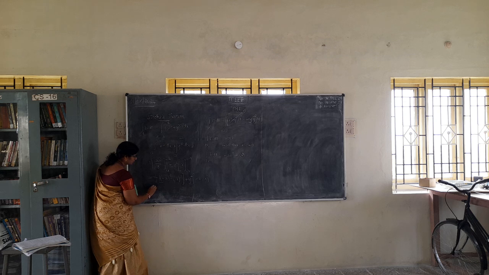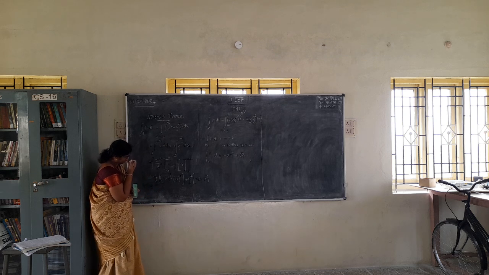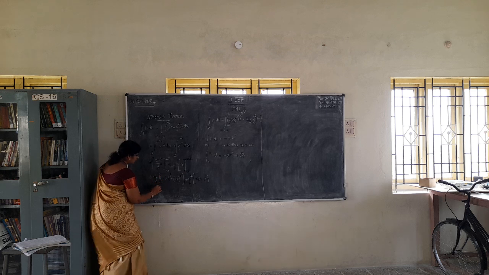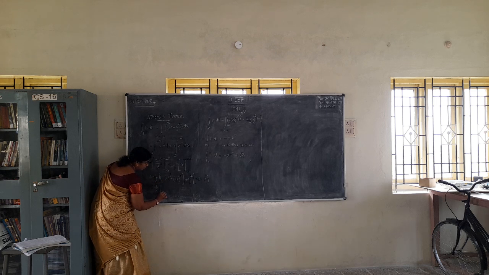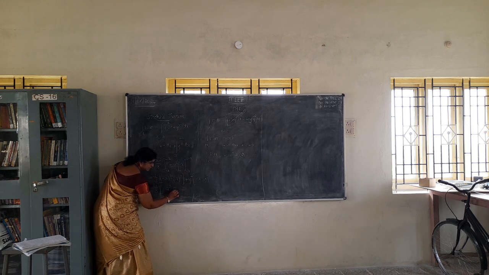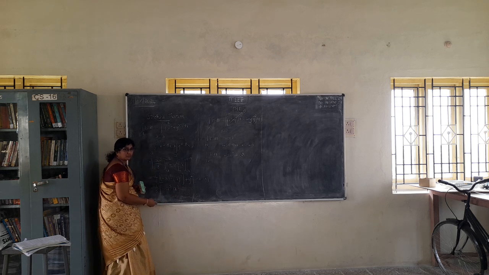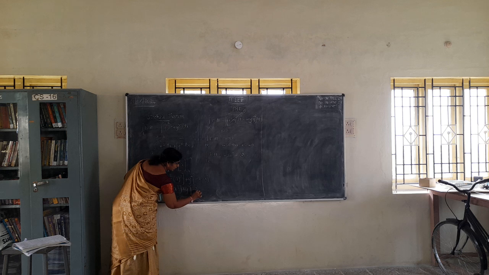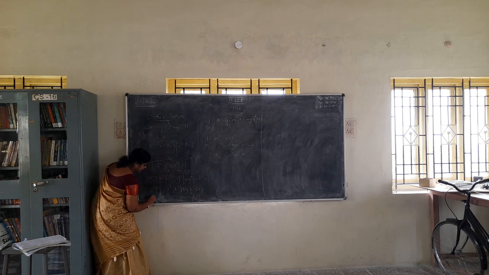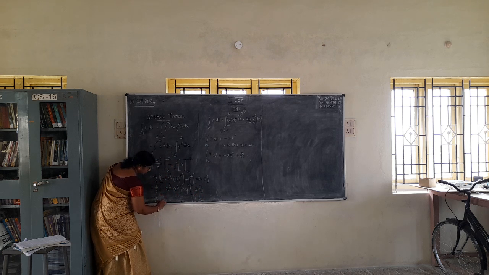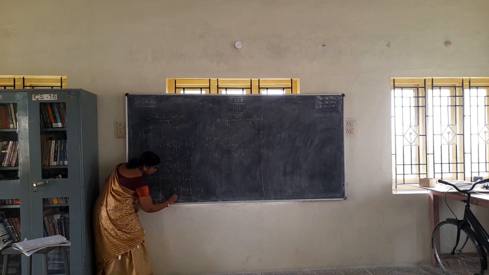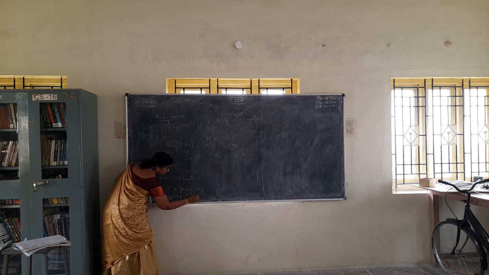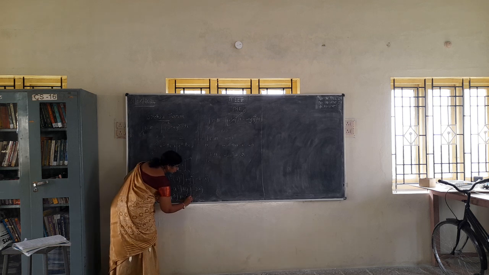Correct? So when you do plus minus 1 by 3 minus a cube, correct? Plus y square minus 2a. So we can write it as 1 by 3 minus 2a cube plus y square into minus 2a.